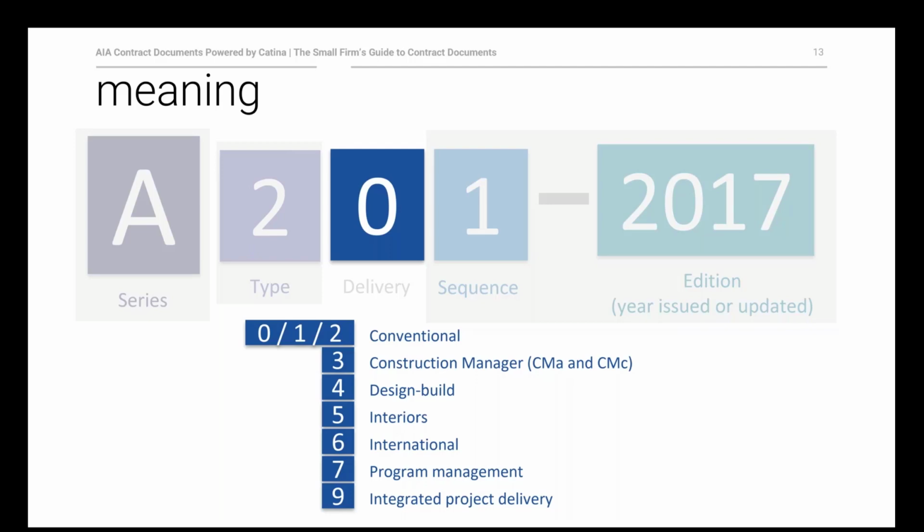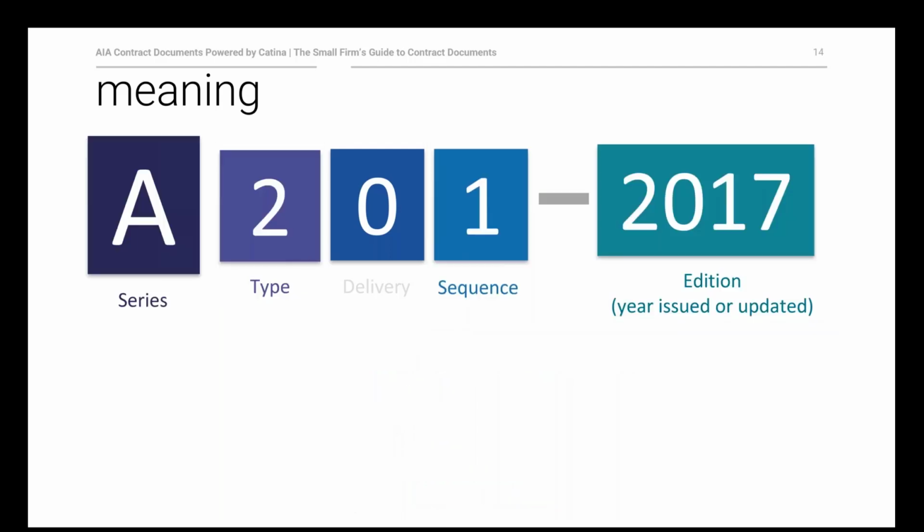Construction manager would have number 3, whether it's construction manager as advisor or CM as constructor, and so forth. You see design build, interiors, etc. And then the last number before the dash or hyphen is simply where that document fits in the global scheme of things.